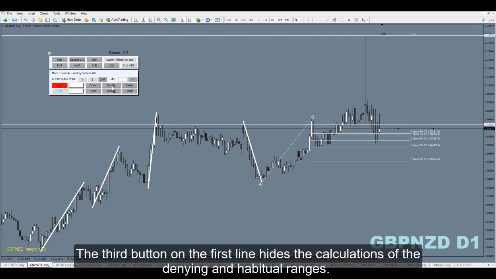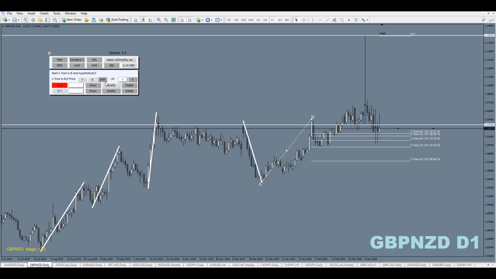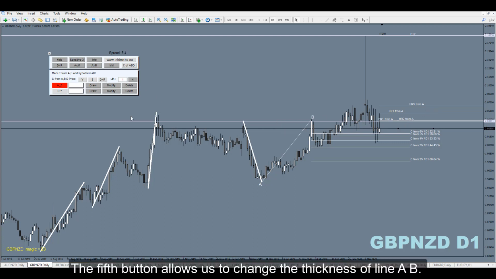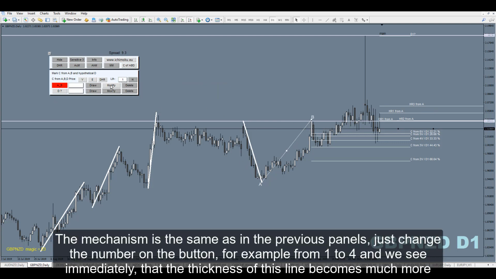The third button on the first line hides the calculations of the denying and habitual ranges. The fifth button allows us to change the thickness of line A, B. The mechanism is the same as in the previous panels, just change the number on the button, for example from 1 to 4, and we see immediately that the thickness of this line becomes much more robust.